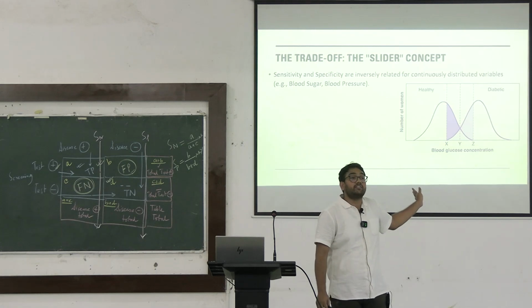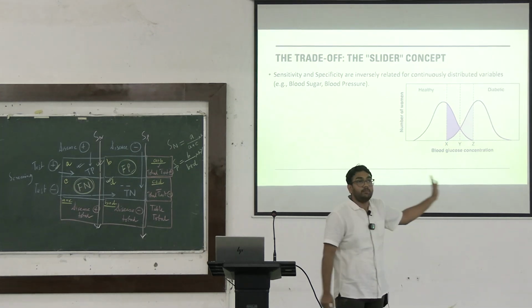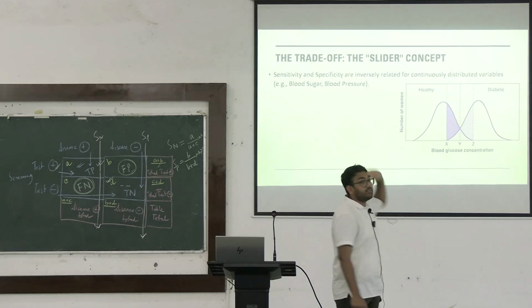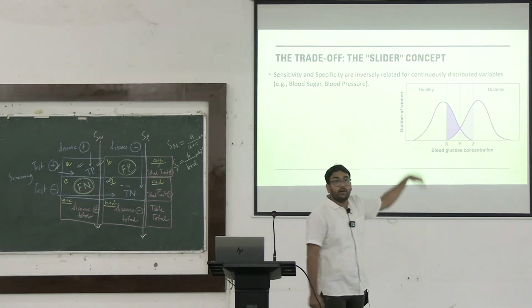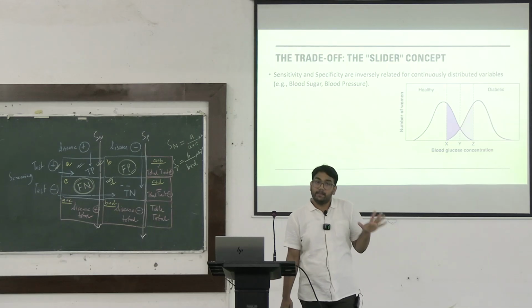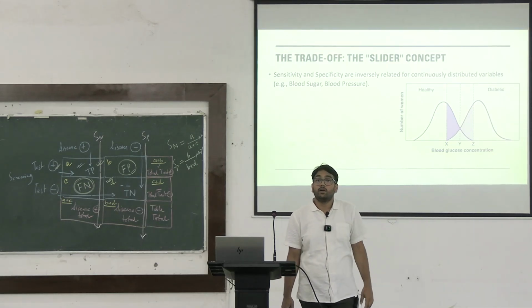This is the fasting blood sugar. The x-axis is the fasting blood sugar, the y-axis is the number of people. The first hump represents the healthy people. The second hump represents the diabetic people.